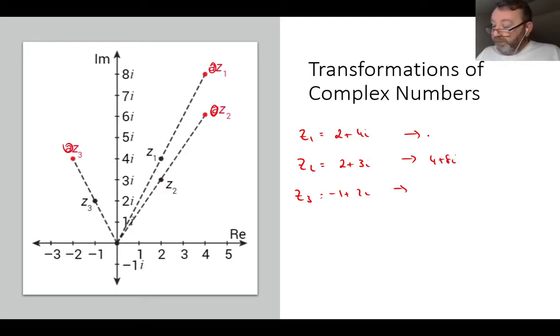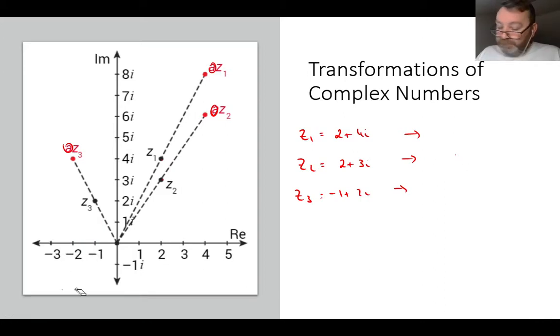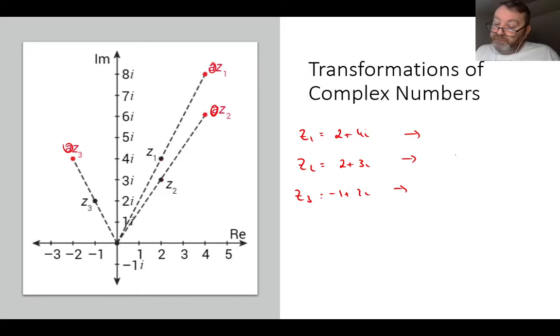Apologies there. Start on Z1, the easiest one to use. So Z1 has gone from 2 plus 4i up to 4 plus 8i. Z2 has gone from 2 plus 3i up to 4 plus 6i.